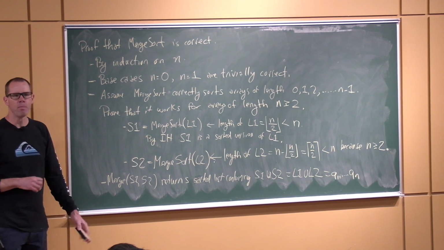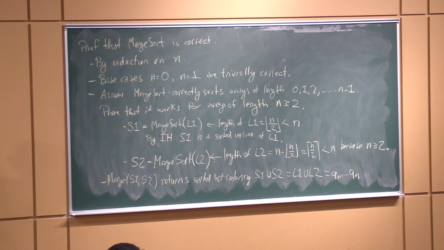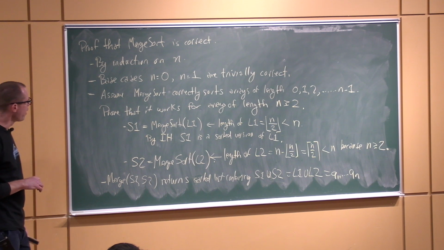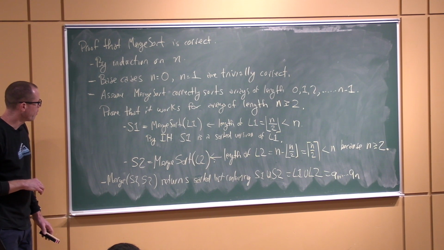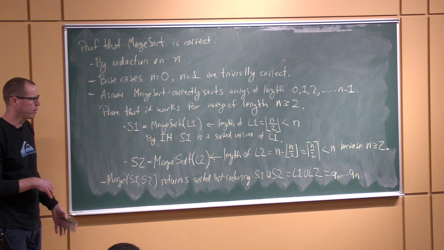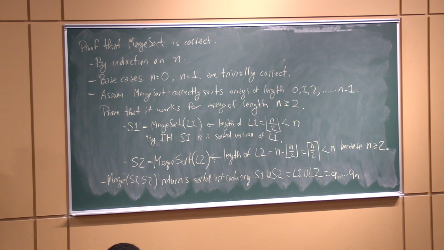You're just as likely to make a mistake in looking at the code because you wrote something like L1 and L2 here when you meant S1 and S2. So I don't have a lot of faith in these proofs of correctness. Usually you do a proof of correctness at a very high level, and then ultimately the code is the test, because the code can have little mistakes in it that your proof doesn't catch.